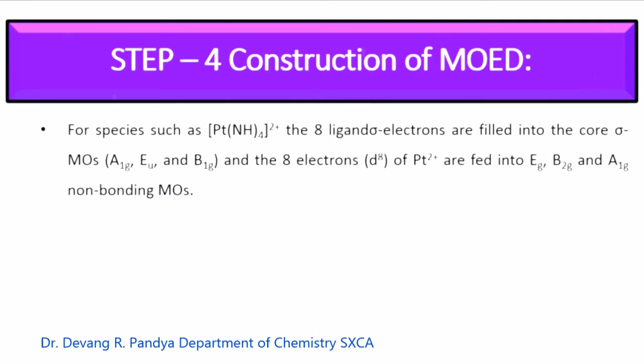For species such as tetraammineplatinum(2+), the 8 ligand sigma electrons are donated by 4 ammonia groups, NH3. The 3 is missing over here, that you need to keep in mind. It is a typographical mistake. It is Pt(NH3)4 2+. The 8 ligand sigma electrons are filled into 4 sigma molecular orbitals such as A1g, Eu and B1g.